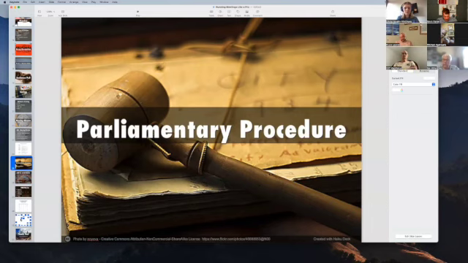Now, for any of you Canadians, a lot of companies and associations in Canada use something called Sturgis's Rules of Order, which is actually much easier to read and understand. But in the United States, we use Robert's Rules of Order. And I tell people that really Robert's Rules boils down to 3 or 4 very simple concepts, which I'll talk about in just a second.